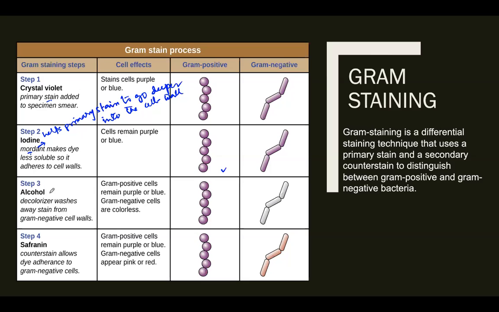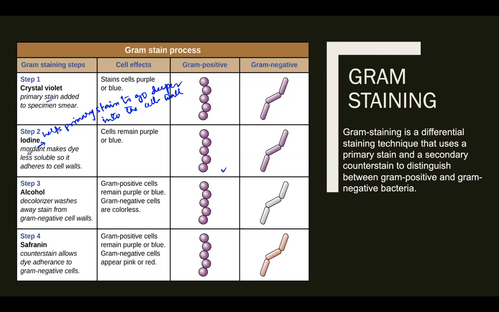But as soon as you use the alcohol decolorizer, remember I told you gram-negative bacteria have a very thin cell wall. So thin that the alcohol washes away all the crystal violet from them. At this moment, the gram-positive bacteria will be purple, but the gram-negative bacteria have no color, because they lost all the crystal violet, having just one or two thin layers of cell wall.